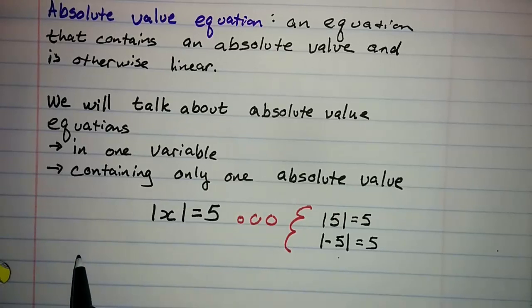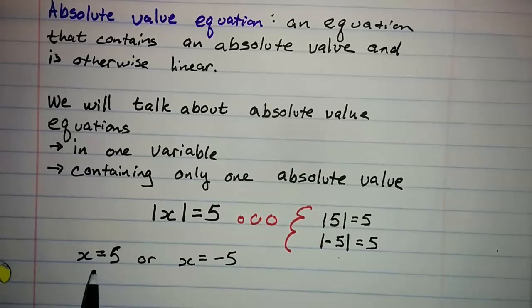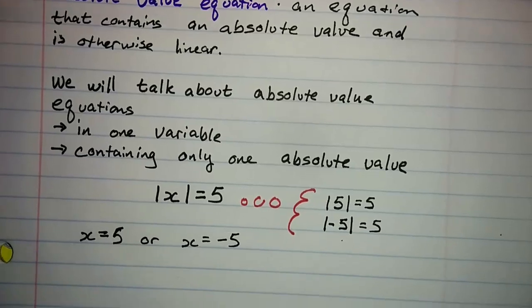Our solutions then are x equals 5 or x equals negative 5. We shouldn't say x equals 5 and x equals negative 5, because that would mean both of those are true at the same time. And x can't be at the same time both 5 and negative 5. That doesn't make any sense.